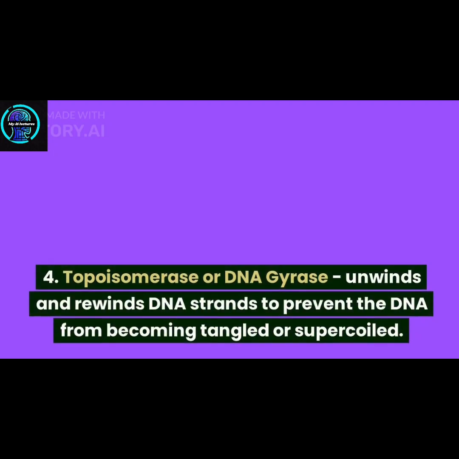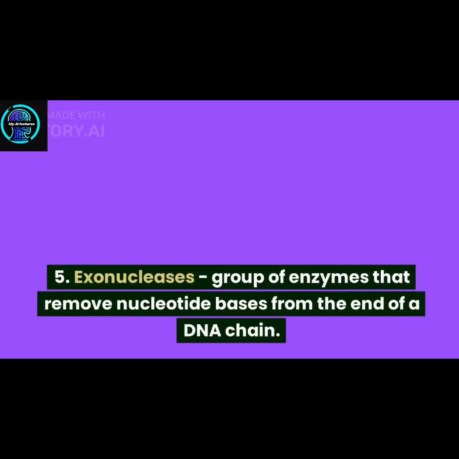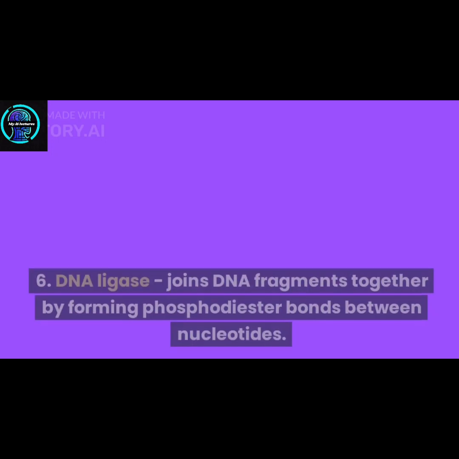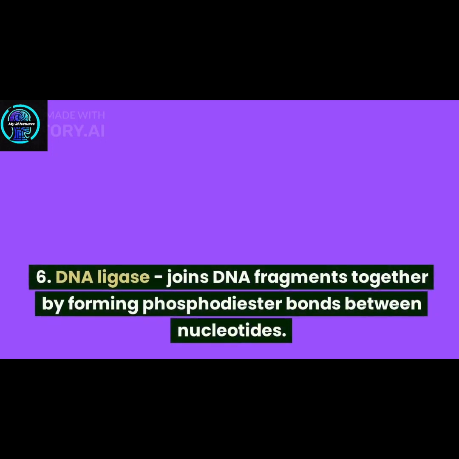Topoisomerase or DNA gyrase unwinds and rewinds DNA strands to prevent the DNA from becoming tangled or supercoiled. 5. Exonucleases, a group of enzymes that remove nucleotide bases from the end of a DNA chain. 6. DNA ligase joins DNA fragments together by forming phosphodiester bonds between nucleotides.